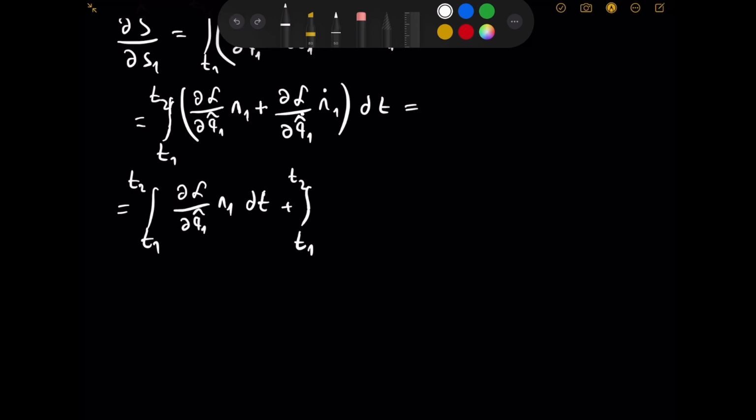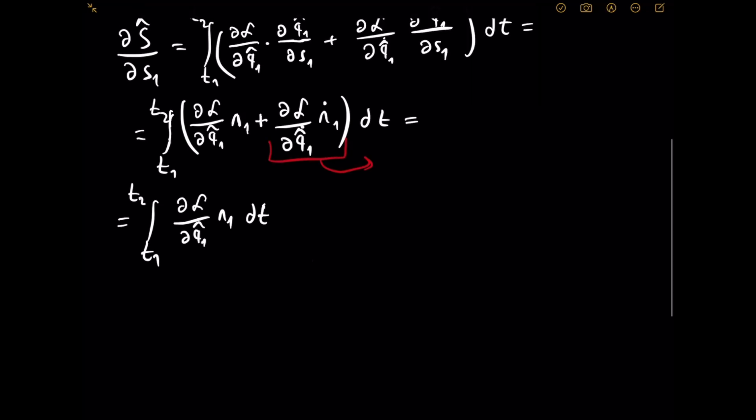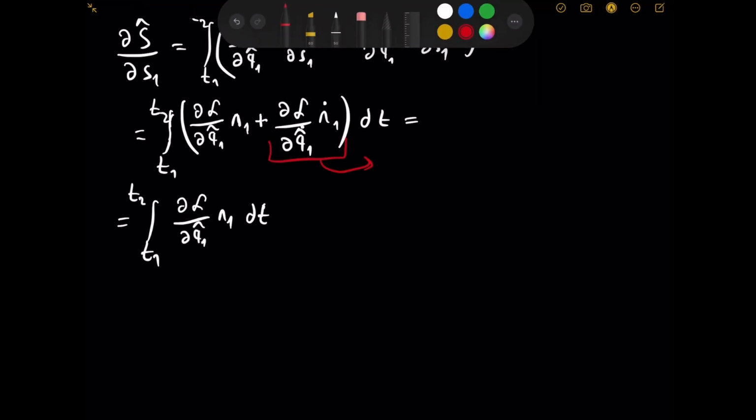But in fact, I don't even want to write it. Here, I will be using integration by parts. So I will call u as that, which means n1 hat dt will be dv.